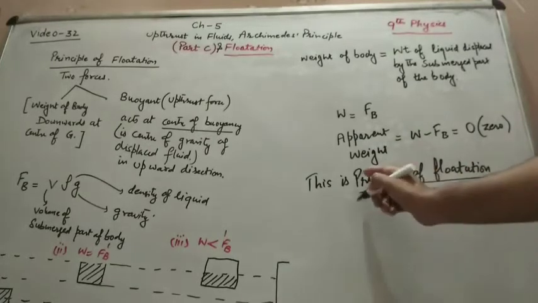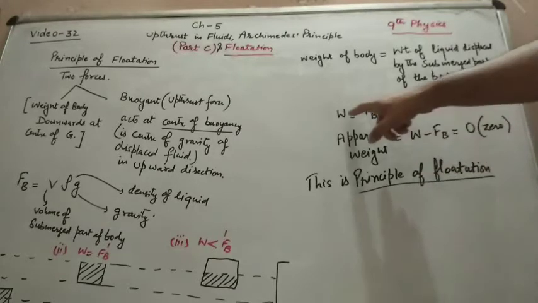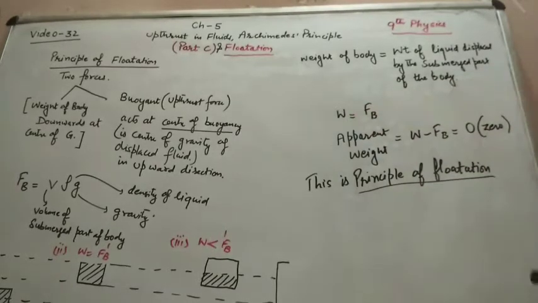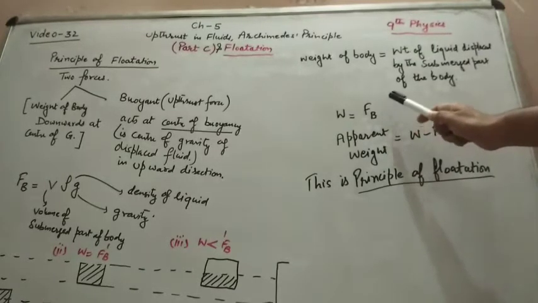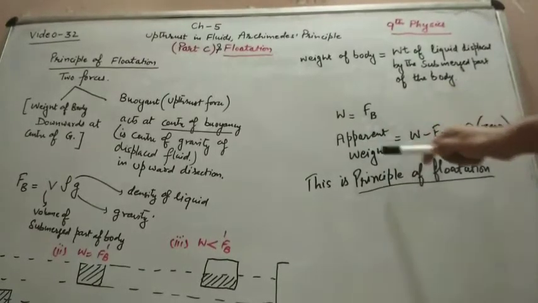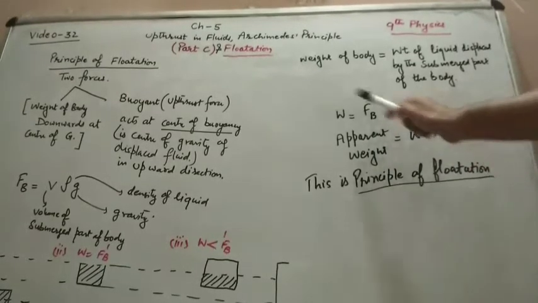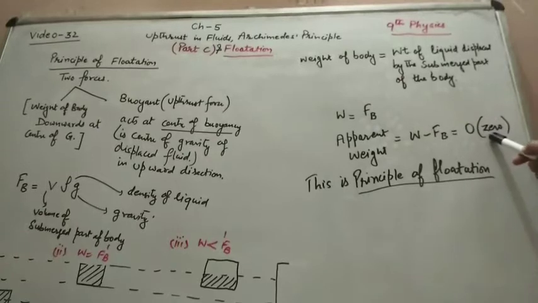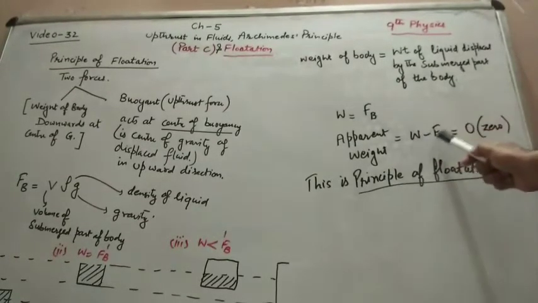So the weight of a floating body is equal to the weight of liquid displaced by the submerged part. So in that case, if you rearrange W minus FB or FB minus W, that will be 0. Okay, apparent weight, so we will do W minus FB.